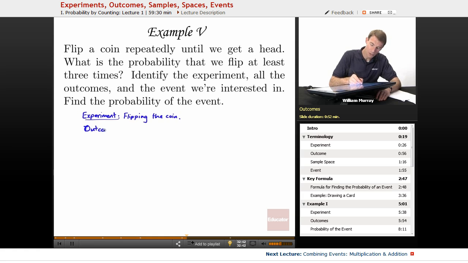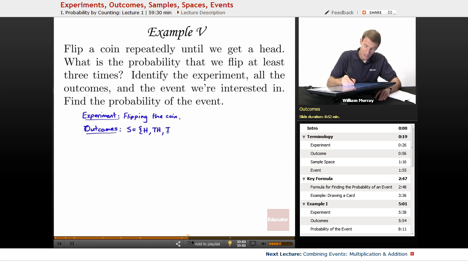Now this is a little different from all of our examples so far, because what can happen here is, well, we could get a head right away on the first flip. So that's our first possible outcome. Or we might get a tail on our first flip and then get a head, and then we would stop.